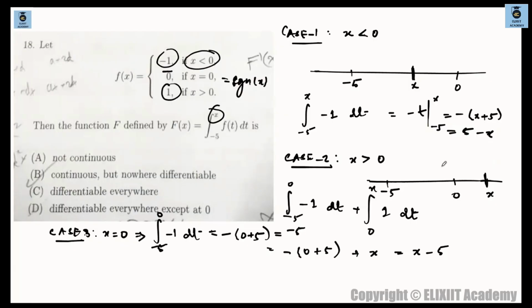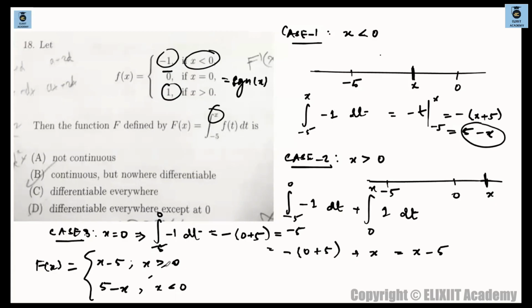So we have just defined the function. We can just define the function f(x). f(x) is basically x minus 5 when x is greater than or equal to 0, and when x is less than 0, we can take this to be 5 minus x.